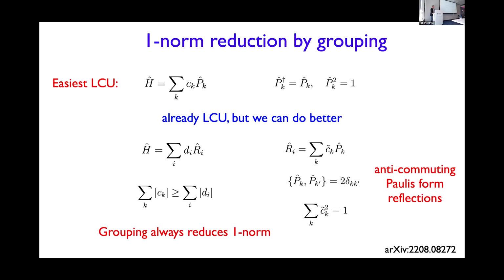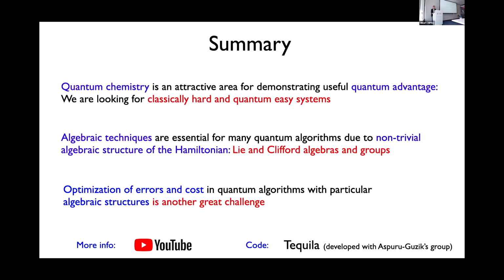As I was showing before, these linear combinations of Paulis that anti-commute are reflections, or unitaries that are Hermitian, and so you could use them in this LCU decomposition and reduce the one-norm. Very simple idea. Also, interestingly, anti-commutativity is similar to commutativity in the sense that it's a binary relation without transitivity, so you can also use graph techniques to find these anti-commuting groups of Paulis.